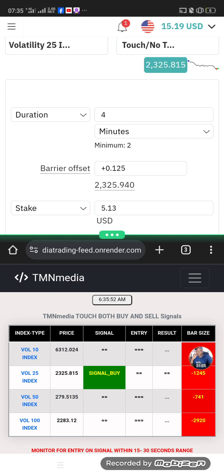So I had to update and optimize it so that it can work well with Deriv. Once there is an update or whatever it is, it can work very well.